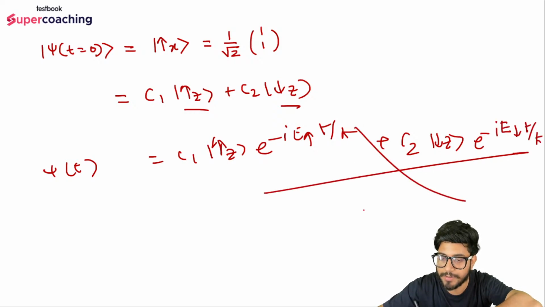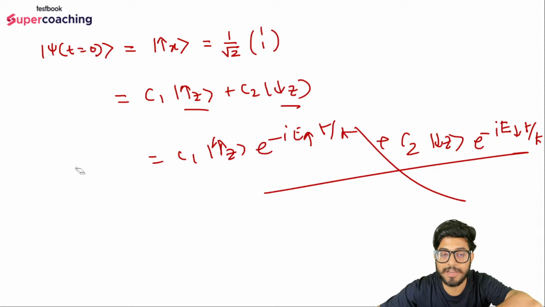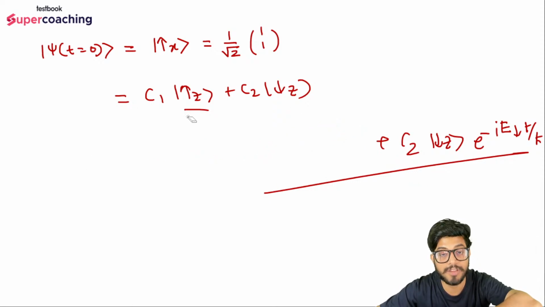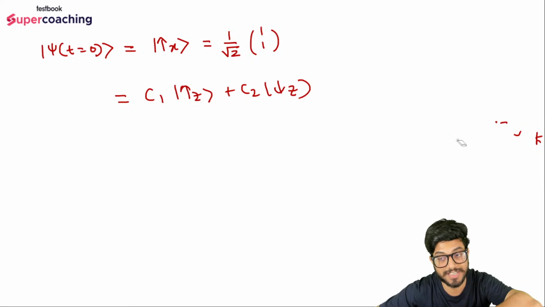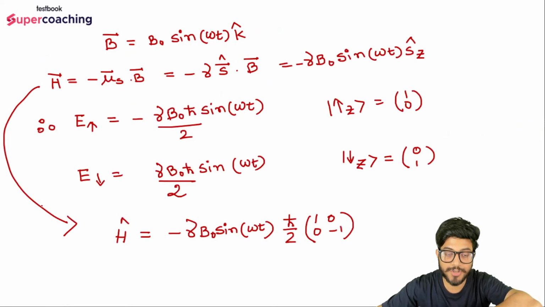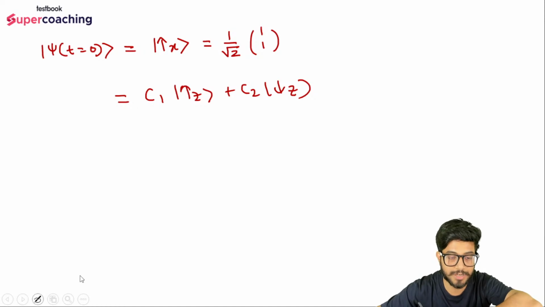You cannot write this, because the Hamiltonian is not time independent. It's not a conservative system. Only for a conservative system can you write the stationary state. So don't forget, this is a time dependent Hamiltonian, so you have to solve the Schrodinger equation from the beginning.